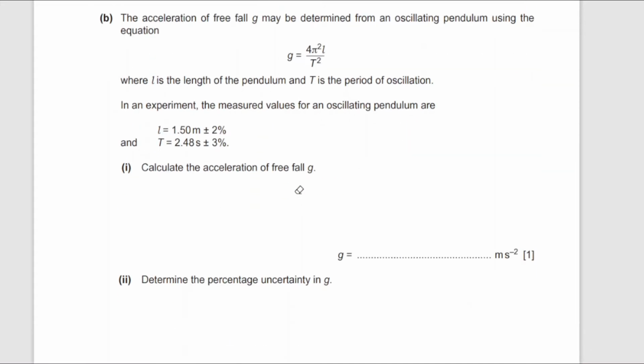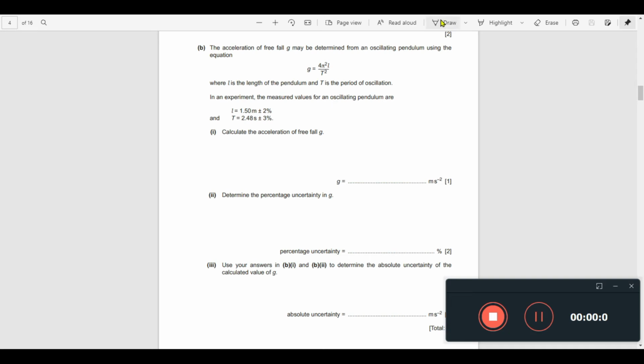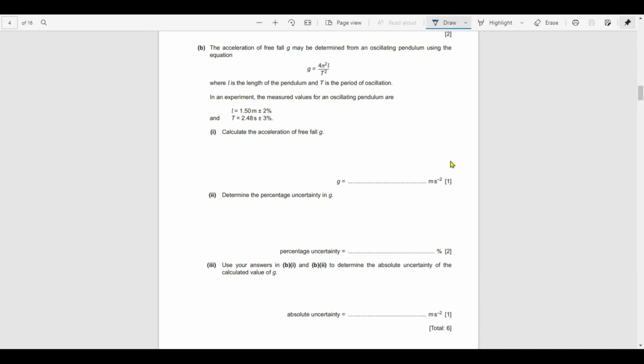I would like to focus on part B, where the expression of G is stated, and it is 4 pi square L by T square. 4 pi square are numerical factors that are omitted from the calculation of uncertainty, but not omitted from the calculation of the value of G, remember.